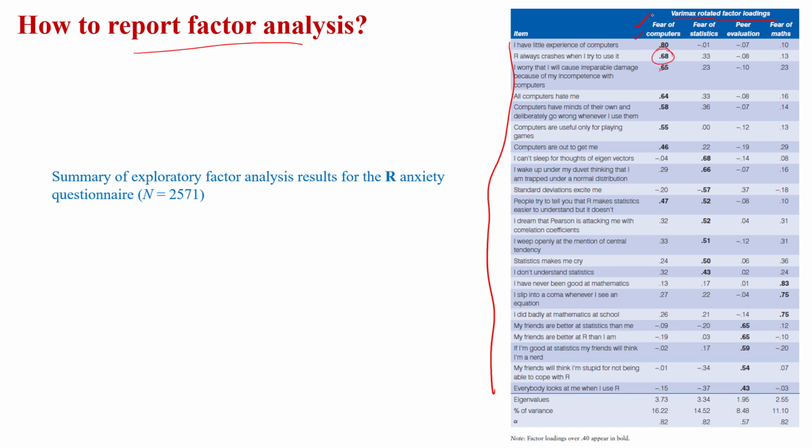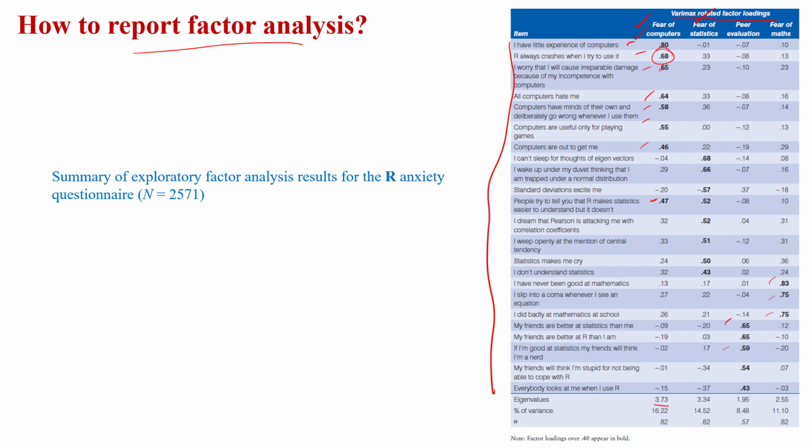So this factor is going to be measured using these 6 or 7 questions. Similarly, we can see the fear of statistics, peer evaluation, then fear of mathematics, which we are going to measure using these questions.